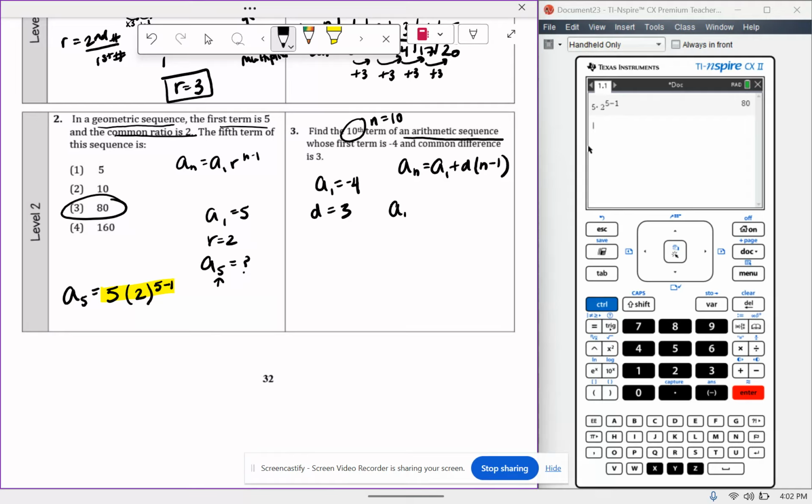So everywhere I see an N, I'm putting a 10. The first term is -4, the common difference is 3. I'm going to type only this part into my calculator to get the answer. And the answer, A sub 10, is 23.